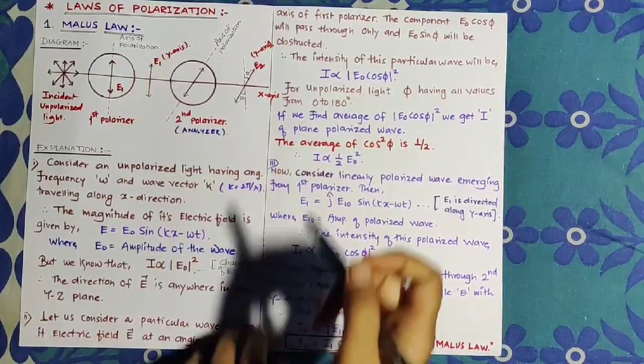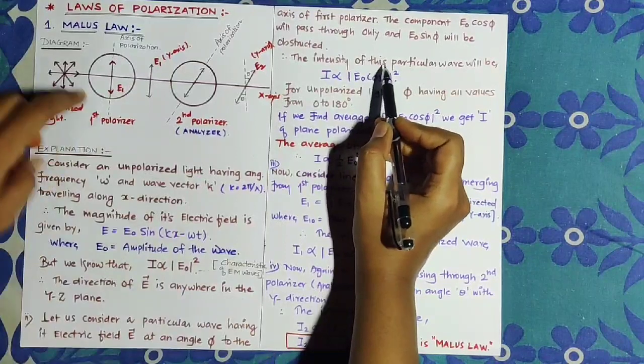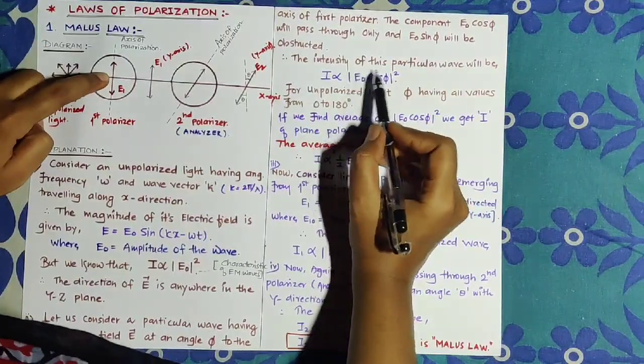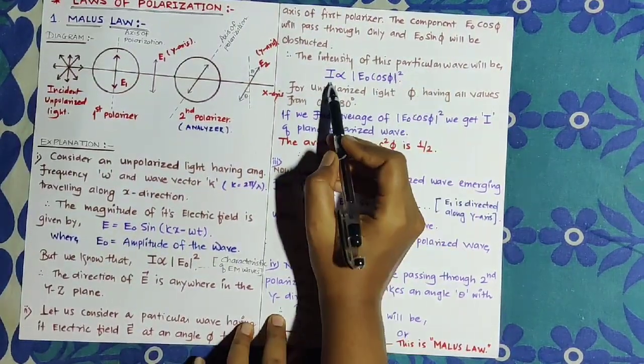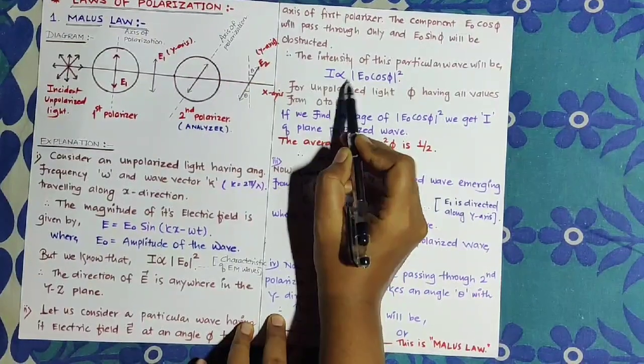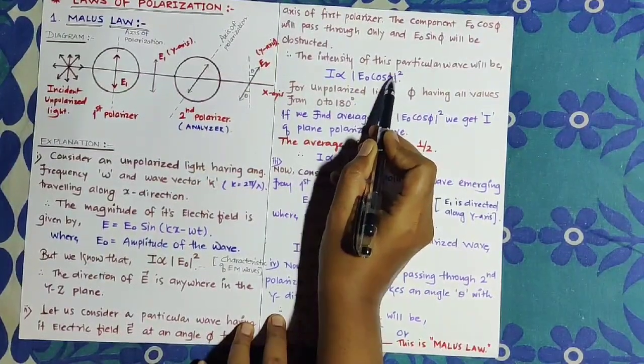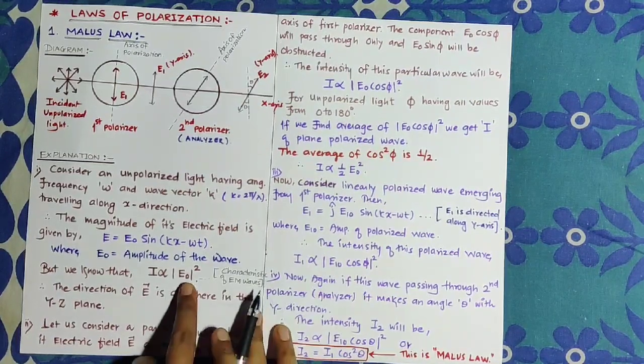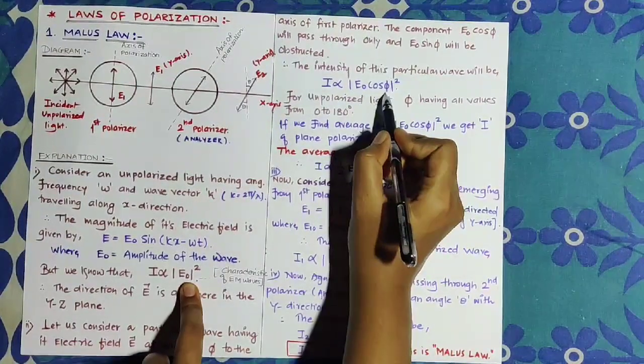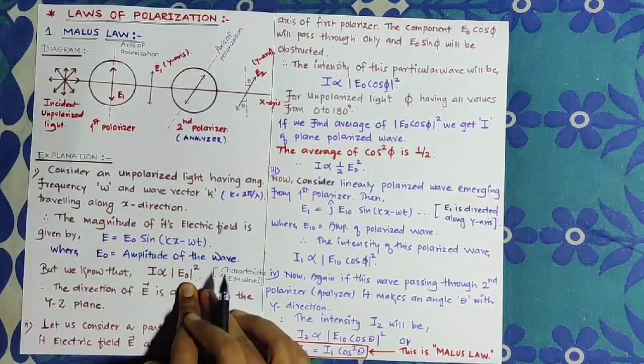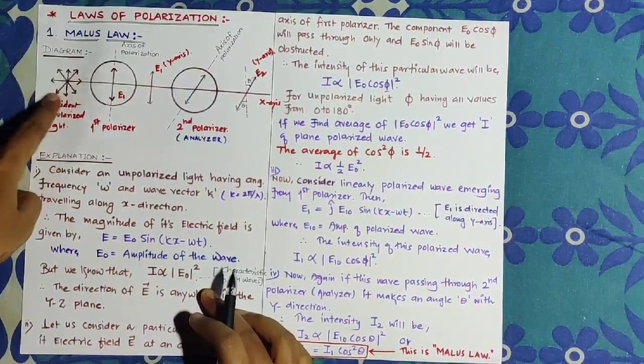Okay. So the intensity of this particular wave, which wave? That single wave. The intensity of this particular wave will again be I proportional to (E0 cos phi) square. See, here we are not considering a particular phi, because here we are considering unpolarized light.